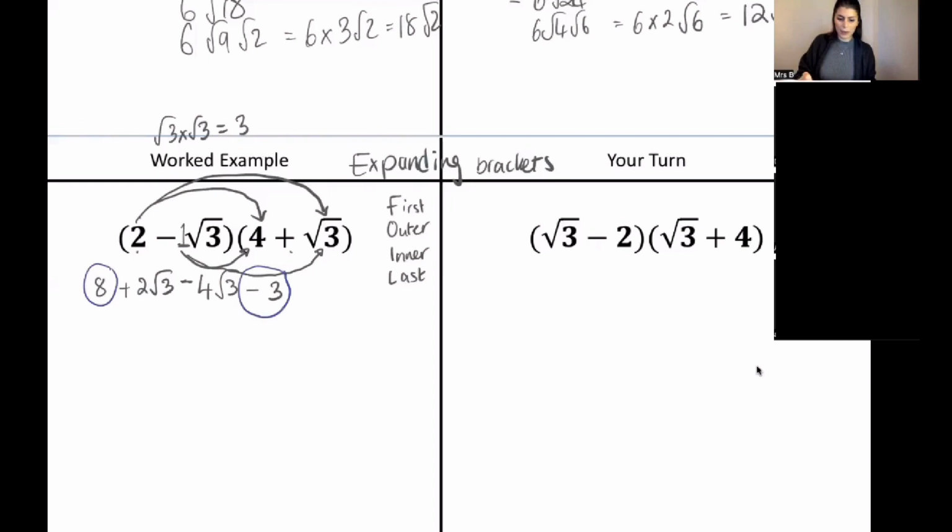That's 8 take away 3, which is 5. And then you've got the 2 root 3 take away 4 root 3. So if you go back to when we were adding and subtracting with surds, you just look at the numbers in front. So 2 take away 4 is negative 2. Don't forget to add the surd at the end. So can you have a go at the right-hand side? I'll give you 1 minute to have a go.